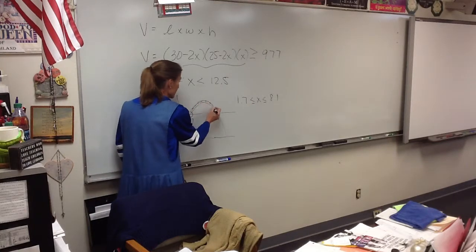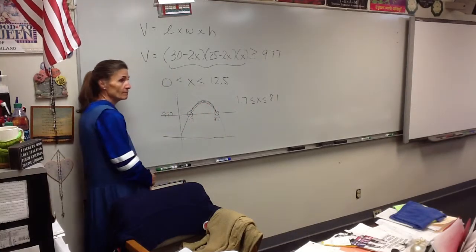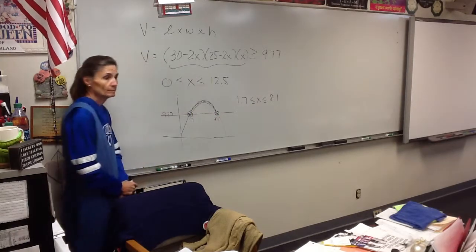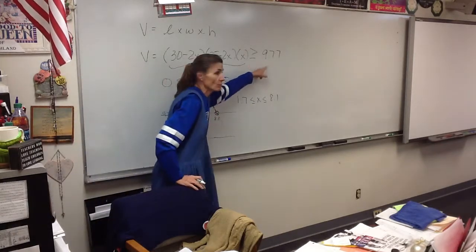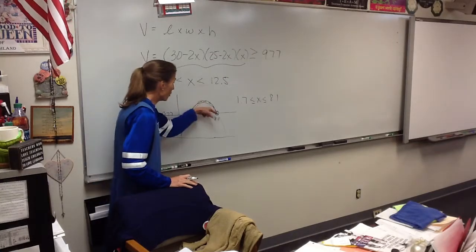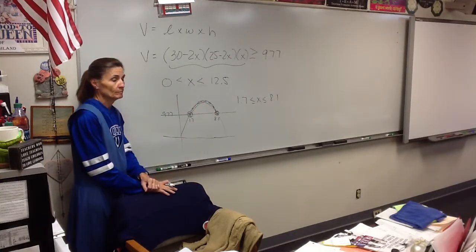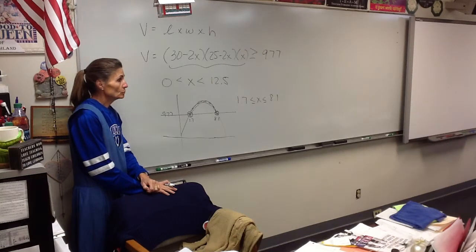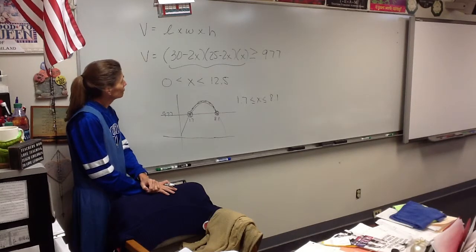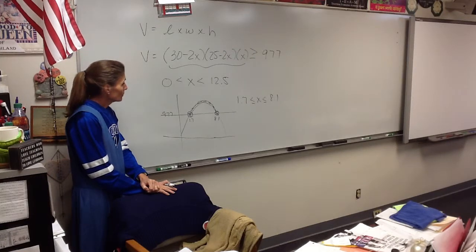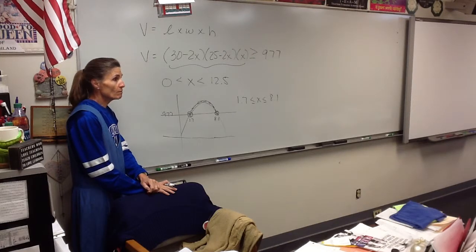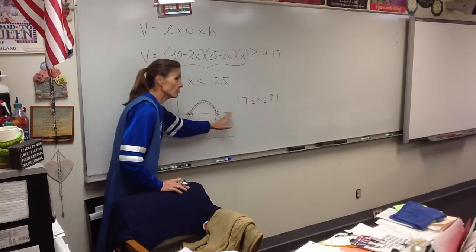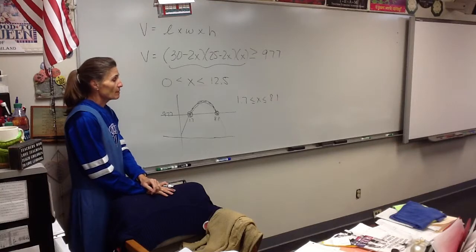All of these are going to give me numbers bigger than 977. These give me numbers that equal 977. I want to be greater than or equal to, so I'm going to pick all those x's. Okay? Nothing different than what we did before, except before we wanted this point. Now we're looking for a particular value.